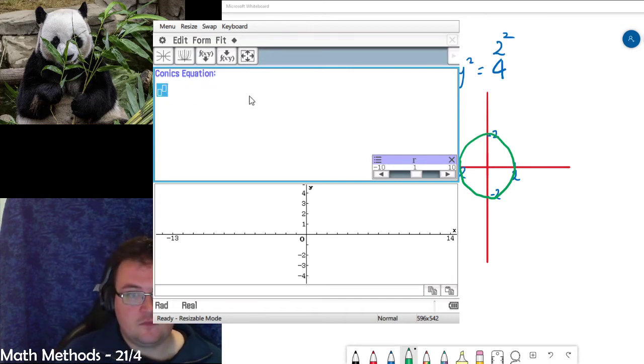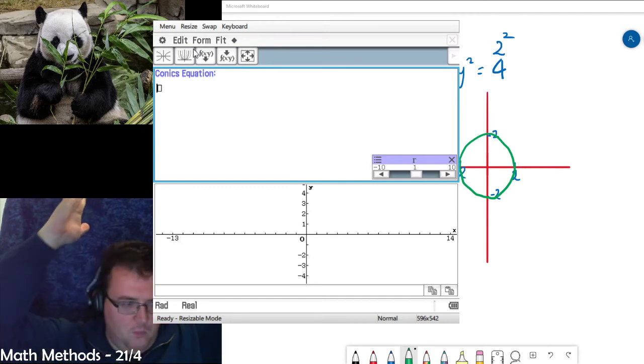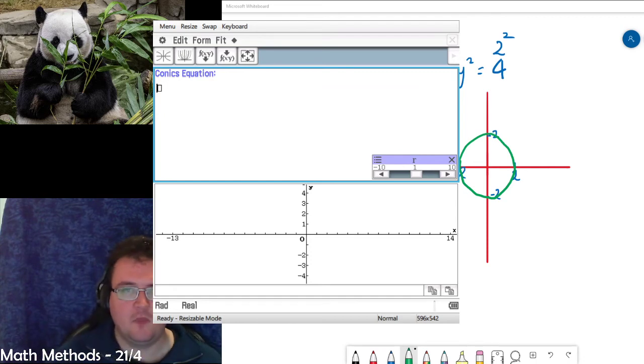So, what we're going to need to do for exercise 4D is you're going to get a bunch of circles and you are going to draw them. Now, the other thing I want you guys to think about is, say you don't, for some reason, have access to Connex. What a world.